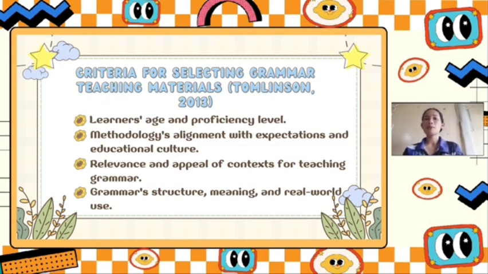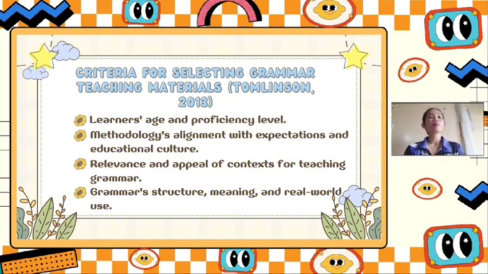Younger students often benefit from materials that are engaging and visually appealing, while older or more advanced learners like us may need resources that challenge them and introduce more complex grammar. So, tailoring materials to match these factors helps ensure that students can understand and apply grammatical concepts effectively.